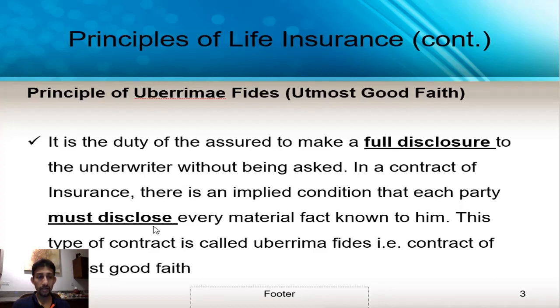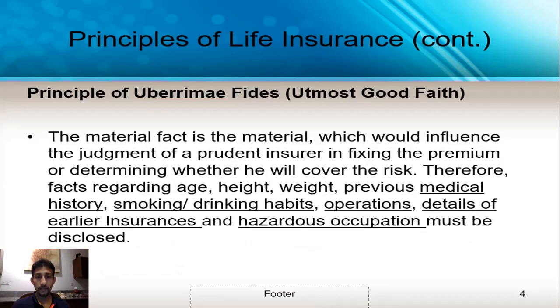To go further about this principle, it is also called the material fact. A material fact is one which would influence the judgment of a prudent insurer in fixing the premium or determining whether he will cover the risk. For example, it is very important for the insurance company to have all the information to fix the insurance premium.